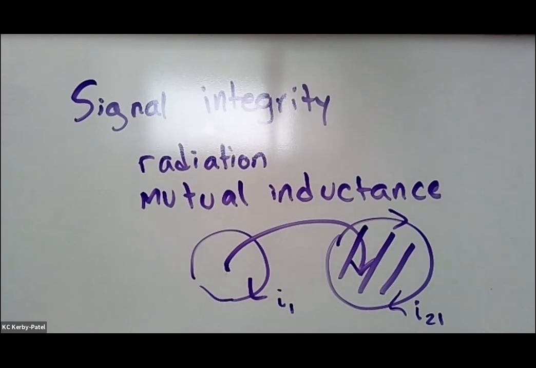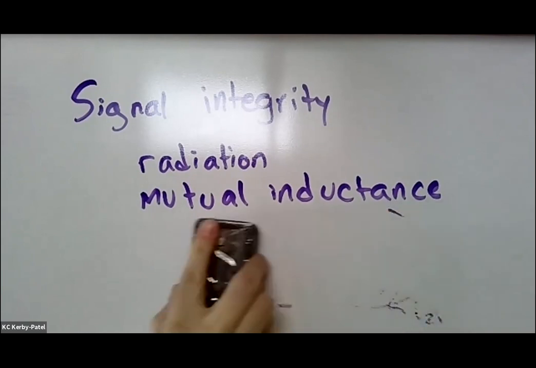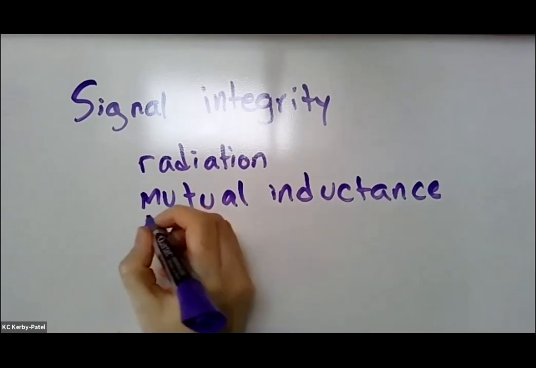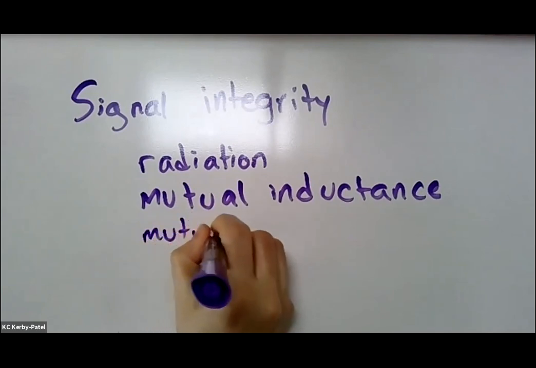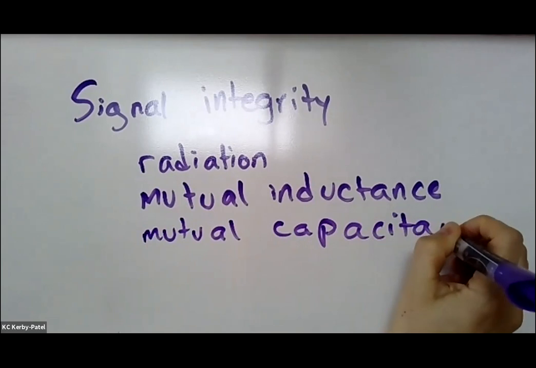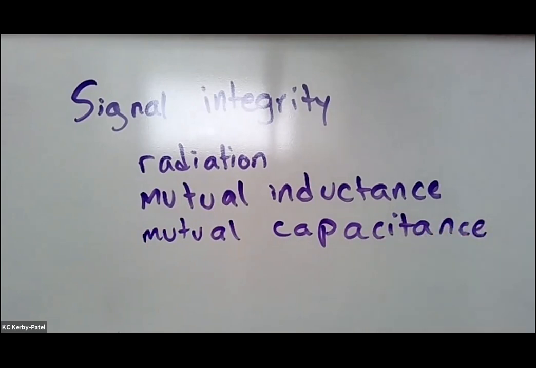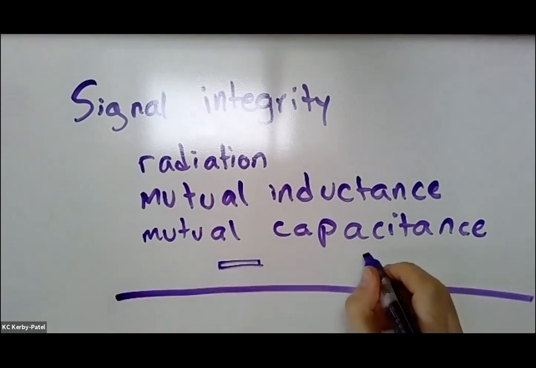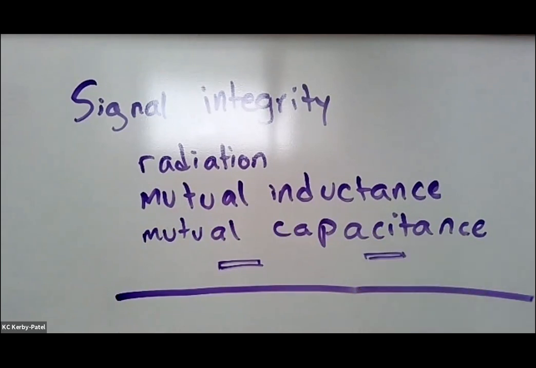You can also have mutual capacitance. Take, for instance, this situation where maybe you have a transmission line, I'm drawing them as microstrip, on a ground plane, and another transmission line near it on a ground plane.